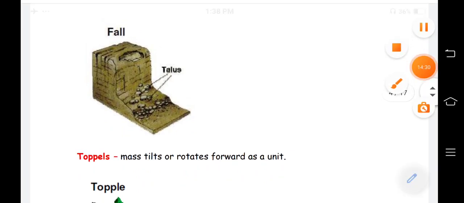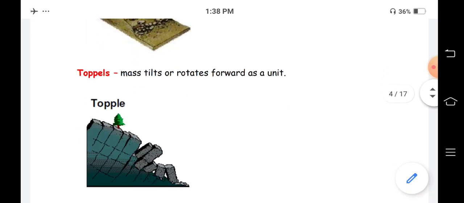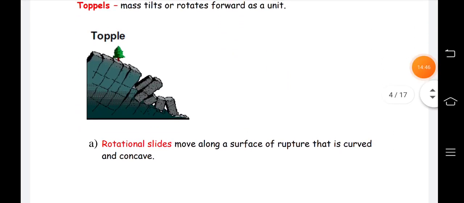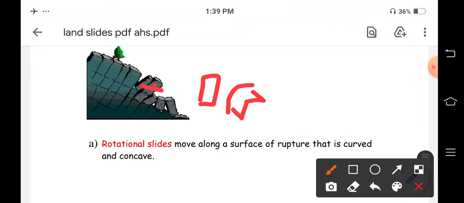This is the original position that can fall from a vertical distance at a certain height, which is called the fall. Then the topples means this single particle can be tilted. This is the original position, and after sliding it can be tilted. So these are the tilting portions, that is called the topples.